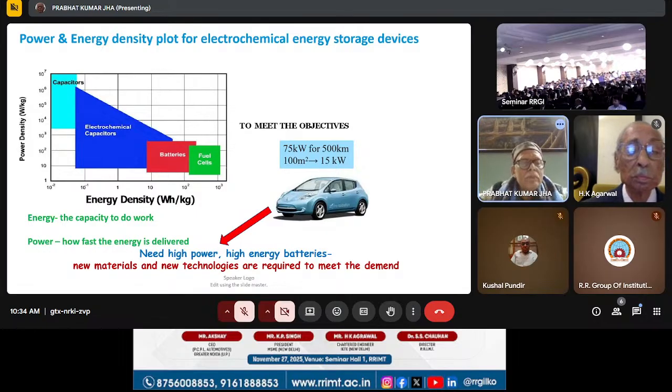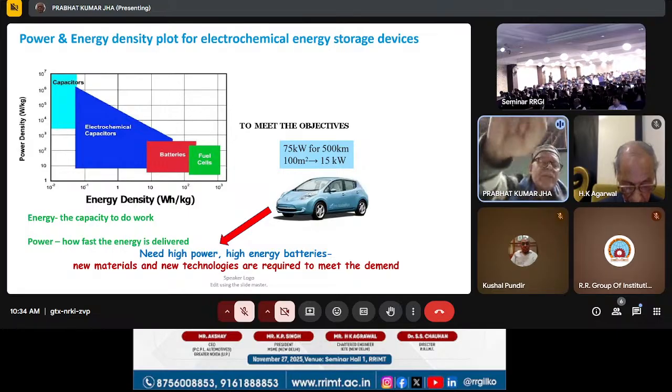Now, energy is the capacity to do work. For the capacitors, you see the energy density in watt hour per kg, although in our household use energy is in kilowatt hour, and power density in watt per kg. If you go to this, there are electrochemical capacitors, batteries, and fuel cells. You can go through the details and see.